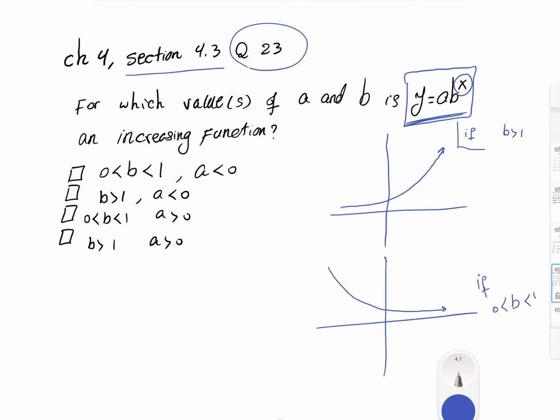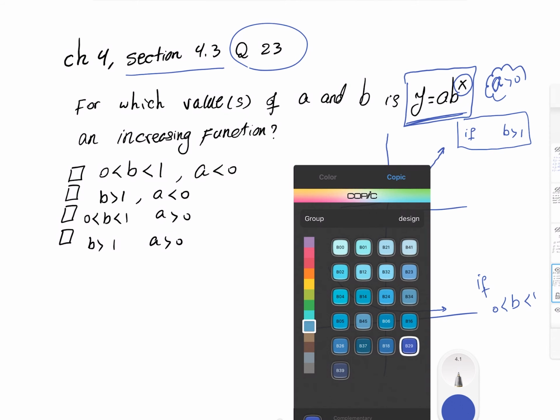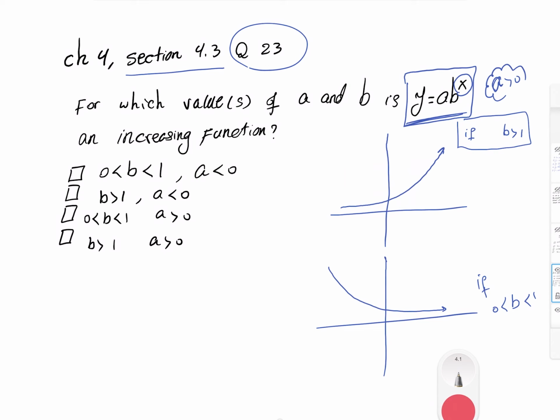Before we go to the value of b, we said a must be positive. So if a is positive, we have increasing or decreasing, but if a is negative, that means we need to reflect it. For example, for the same graph here, b is greater than 1, the function is increasing.